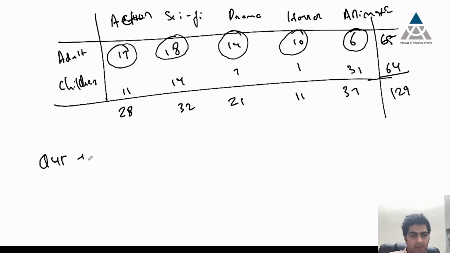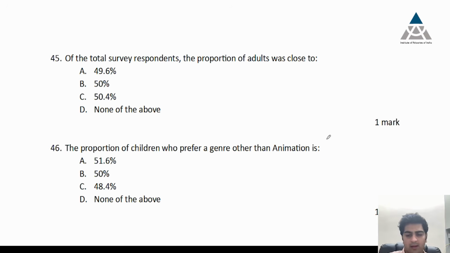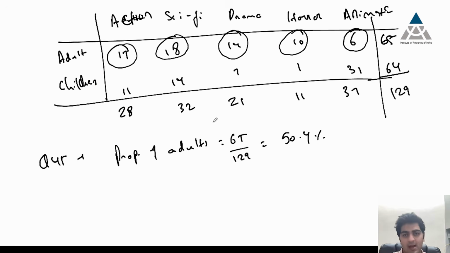Question 45, your proportion of adults is 65 upon 129, which is roughly 50.4%. Do you have 50.4%? Yes, option C, and that you can see is the correct answer.